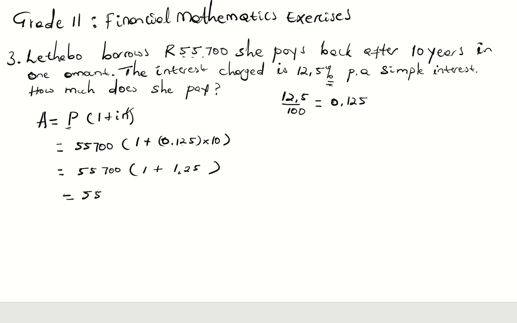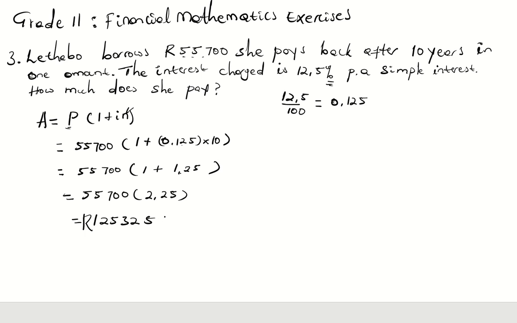We could write one more step. This is 55,700 multiplied by 2.25. Let's go to the calculator and see what this works out to. And I get that this works out to 125,325 Rand.